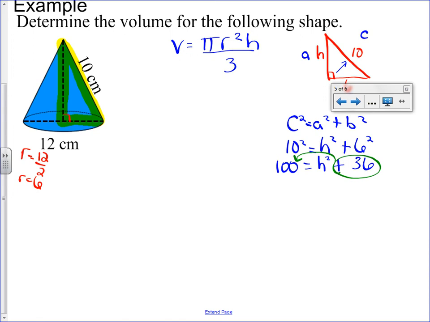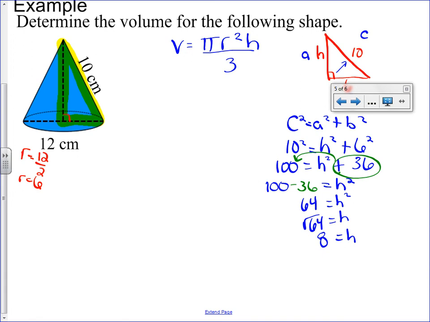So what would I write? Excellent. Lucas, what would I get when I do that? Good. And Andrew, am I done here? Is my height 64? No, what do I have to do? Very good. And what do I get when I take the square root of 64? Very good.